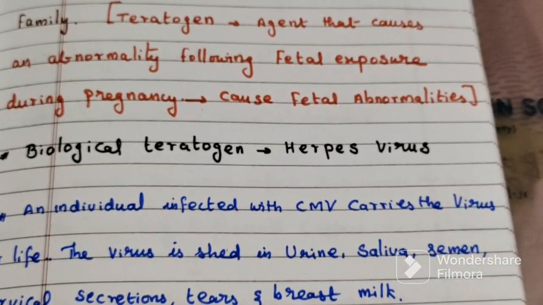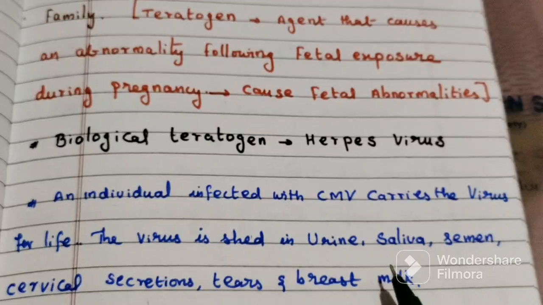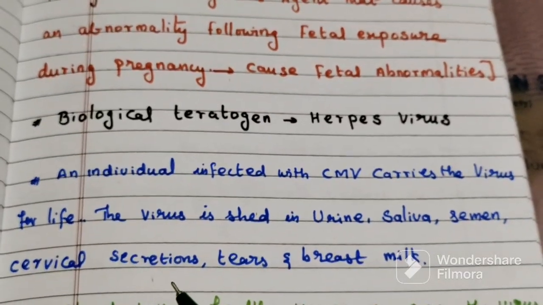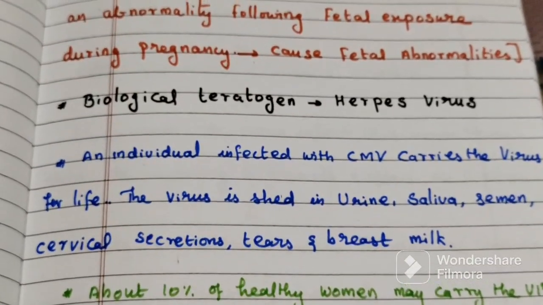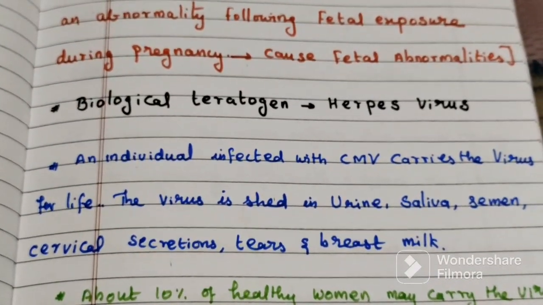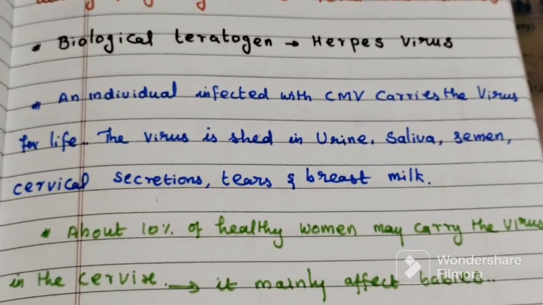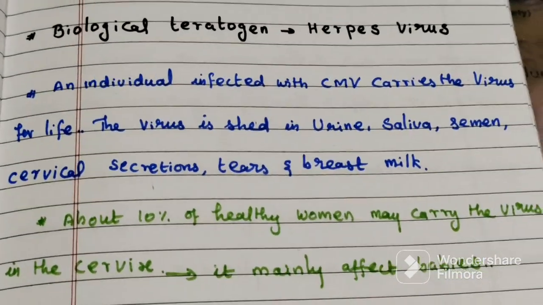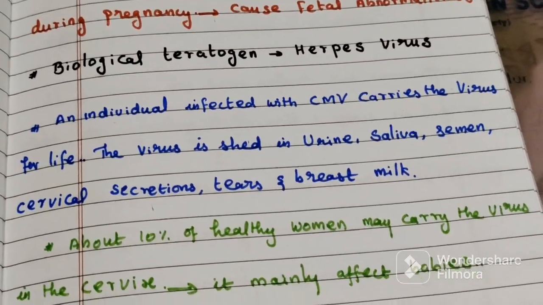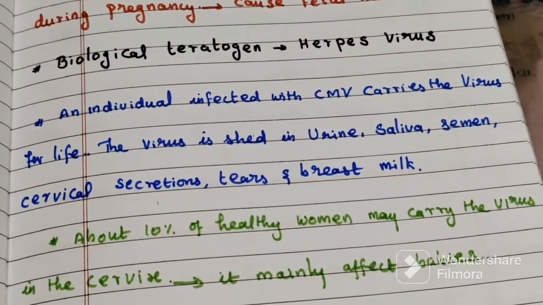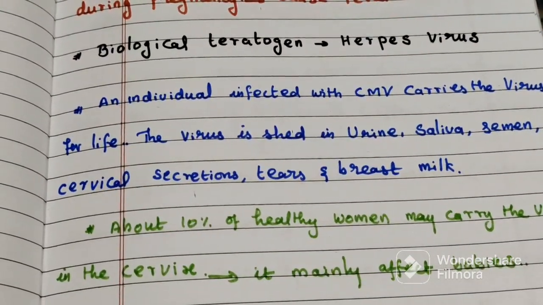This virus is usually shed in urine, saliva, semen, cervical secretion, tears and breast milk. Males are not affected, and females are also not affected even though they have the viral infection, but it causes genetic abnormalities in babies, congenital errors.